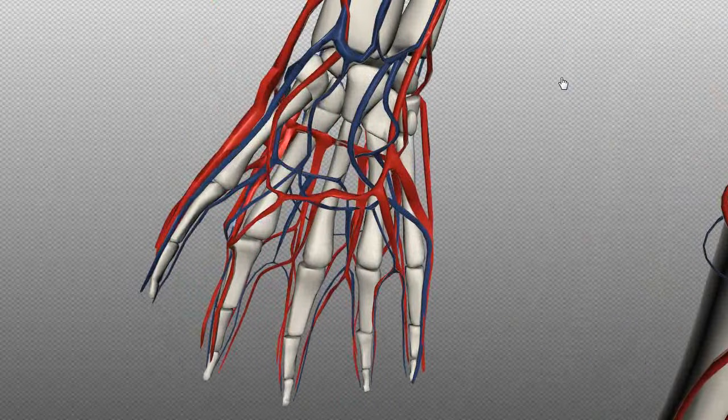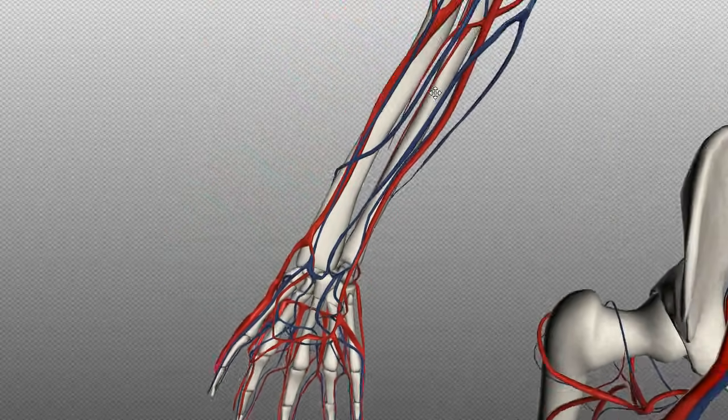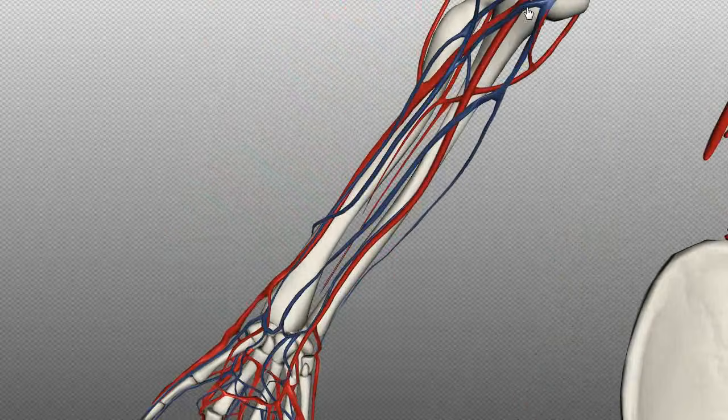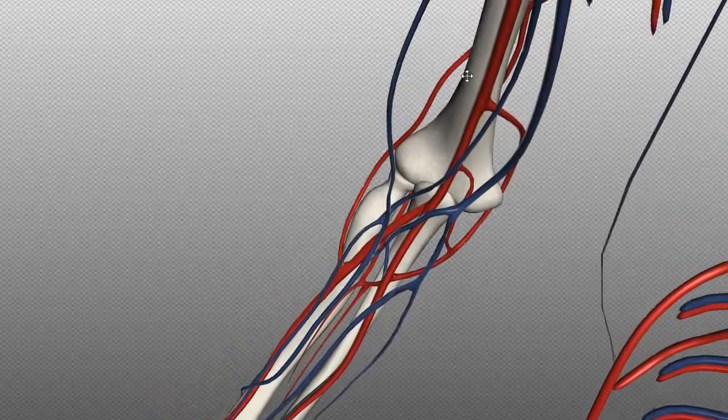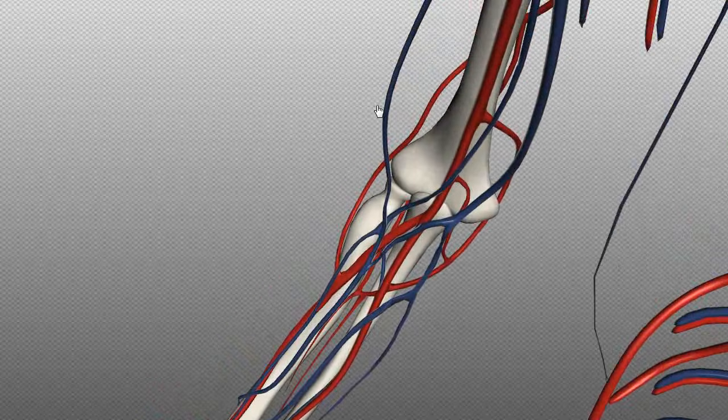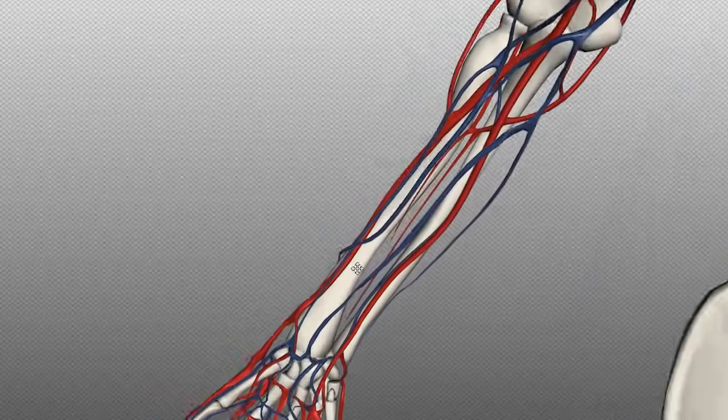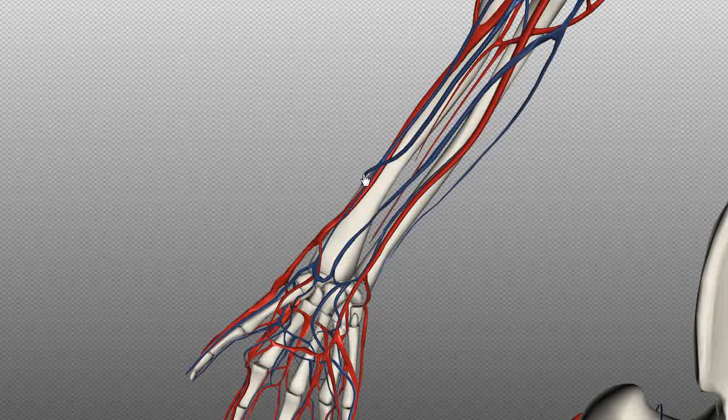So the superficial veins which I showed you, the basilic vein, which runs all the way down and it winds onto the back of the hand, the dorsum of the hand, and the same happens with the cephalic vein. So this cephalic vein, which comes all the way down the arm and then winds round onto the back of the hand.